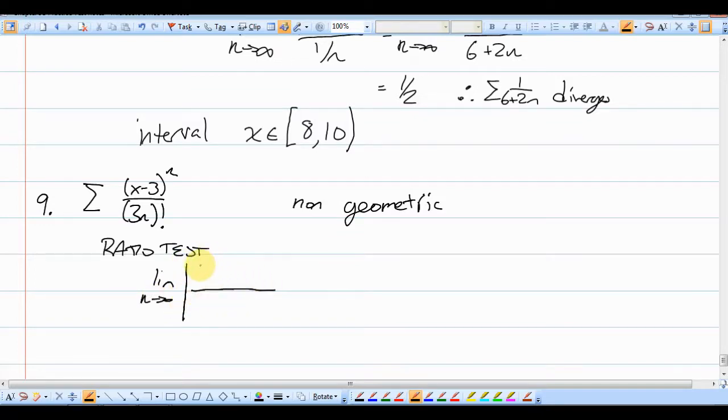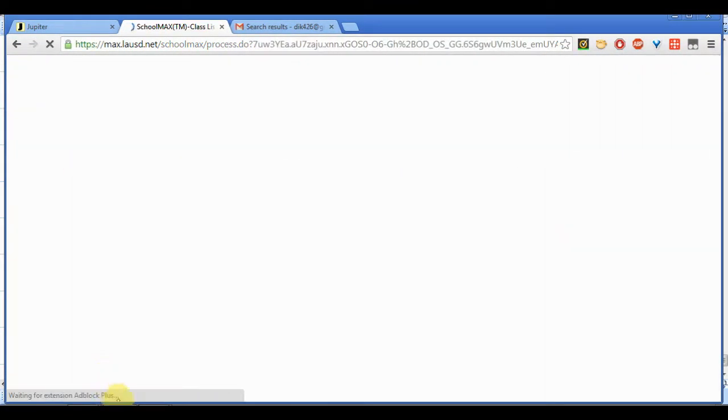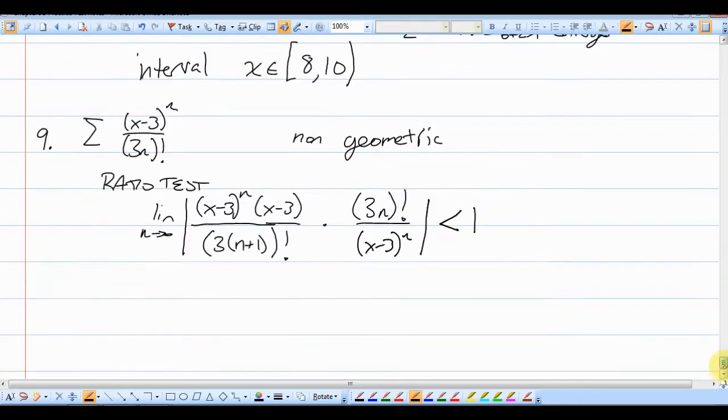Let's see, this first one is x minus 3 to the n times x minus 3, and this is 3n plus 1 factorial, times 3n factorial over x minus 3 to the n power. Force that to be less than 1 if possible in this case.